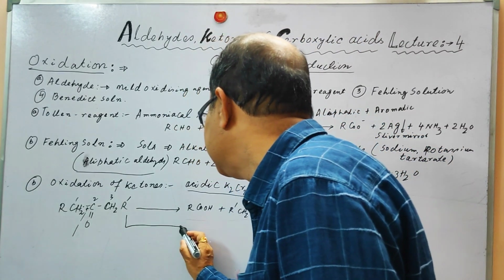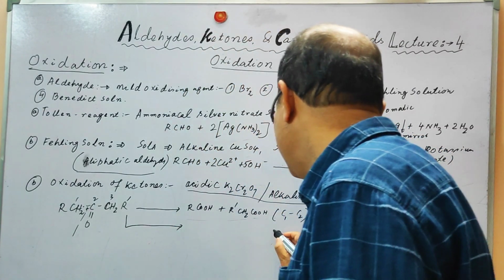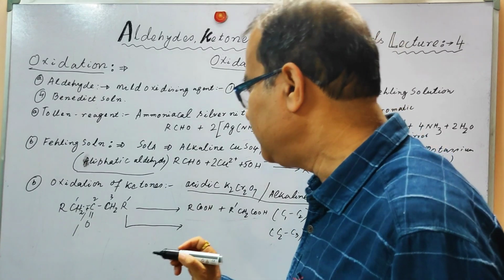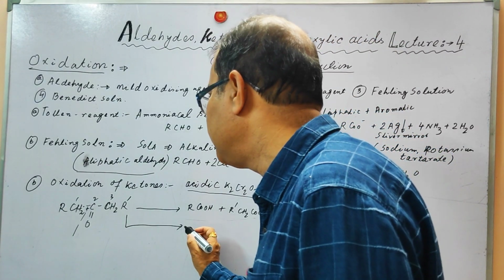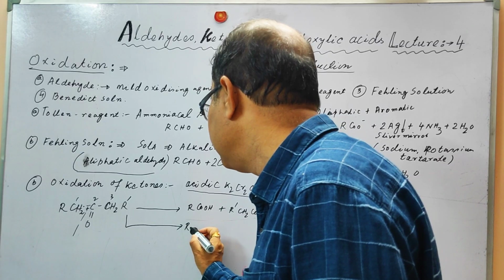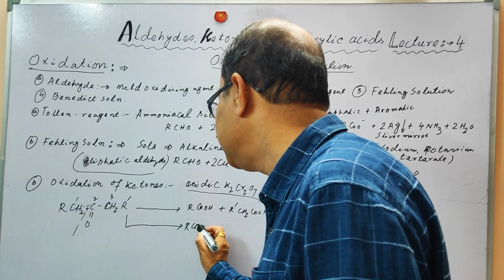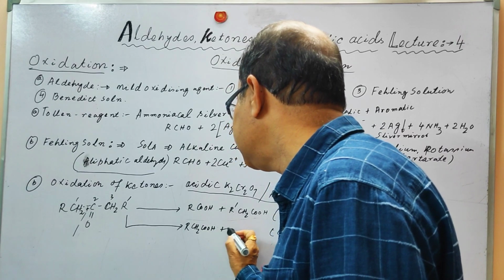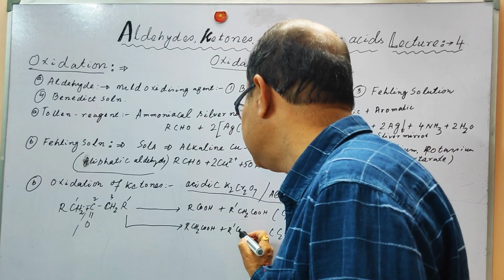And in another case, when there is a breaking of carbon number 2 and carbon number 3, which type of product will be produced? Carboxylic acid. You can see this is RCH2COOH plus R'COOH.